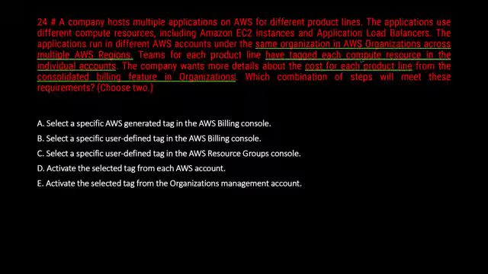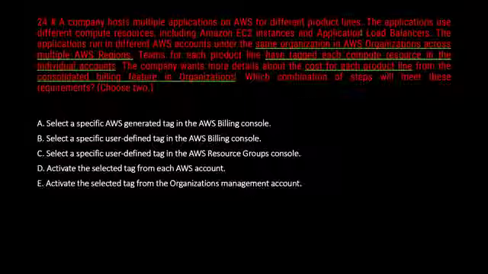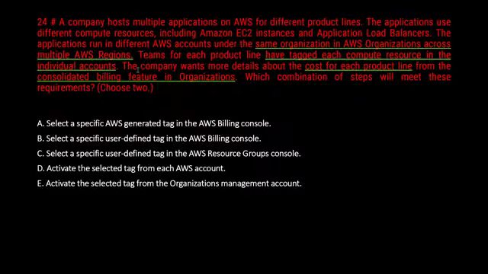So when they spin up EC2 for running the cars application, they tag EC2 and ALB with cars, and so on, in individual accounts. They are not tagging with the account, since there is no point in that, but with cars, airplanes, and so on, in multiple accounts. The company wants more details about cost.